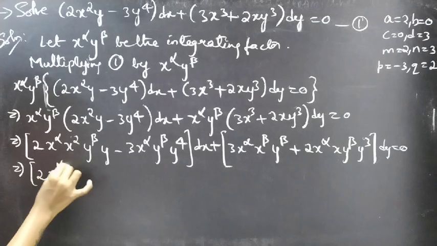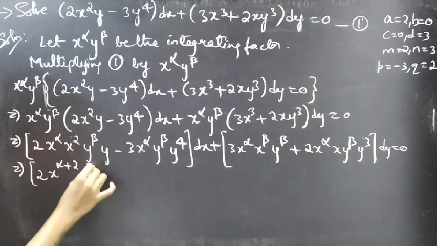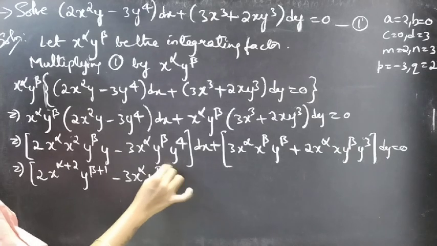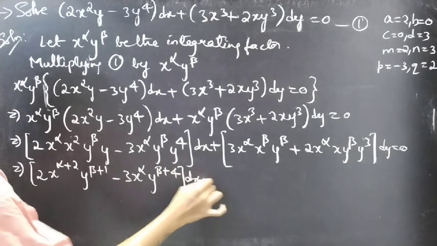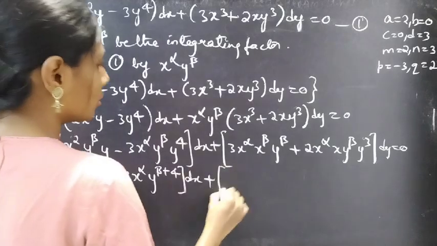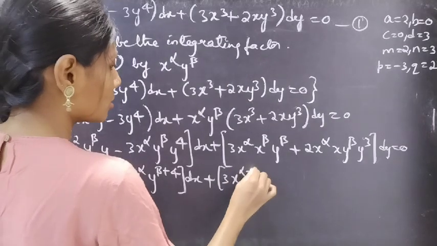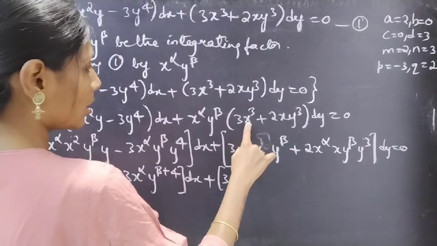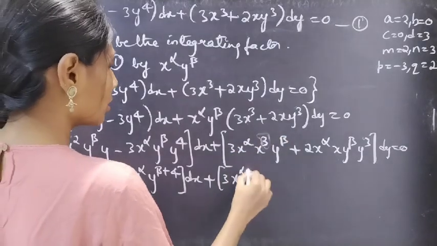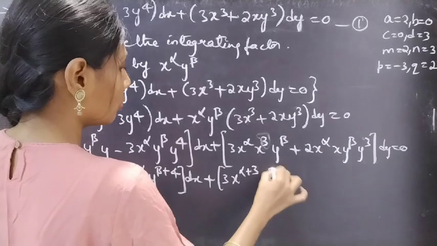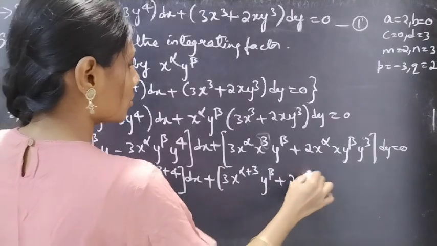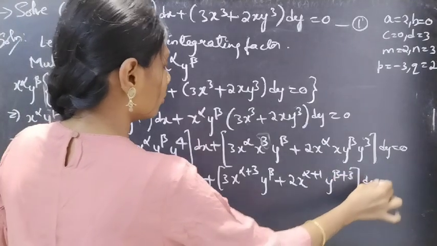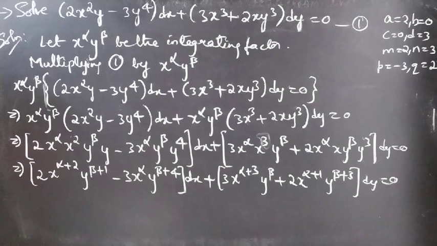We'll get 2x power alpha plus 2 y power beta plus 1 minus 3 into x power alpha y power beta plus 4, into dx, plus 3x power alpha plus 3 (sorry, it's x cube) y power beta plus 2 x power alpha plus 1 y power beta plus 3 into dy equal to 0.